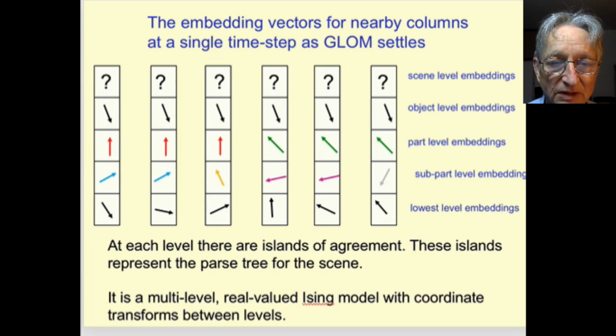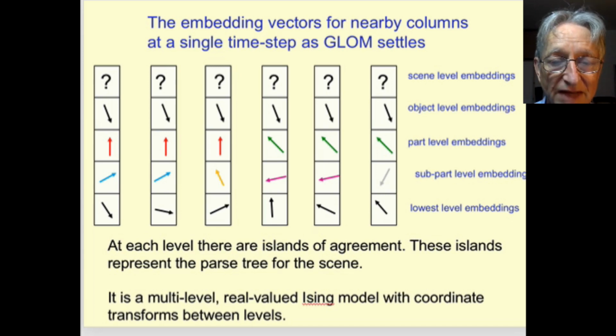At the top, which hasn't yet settled down in this depiction, we'd like the scene to have exactly the same embedding vector everywhere. At the next level down, we'd like all the locations occupied by a particular object, like a face for example, to have the same embedding vector, exactly the same embedding vector.